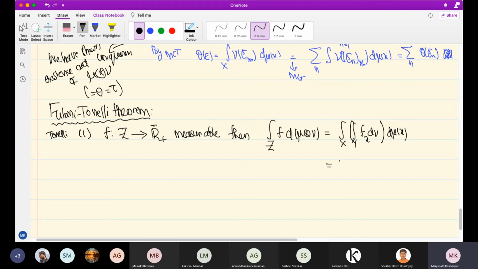But it is also equal to doing it first over x and next over y. So this is f_x, or you can take f^y, which is a function on x. You integrate with respect to mu, and then you integrate with respect to d nu of y. So this is the statement.